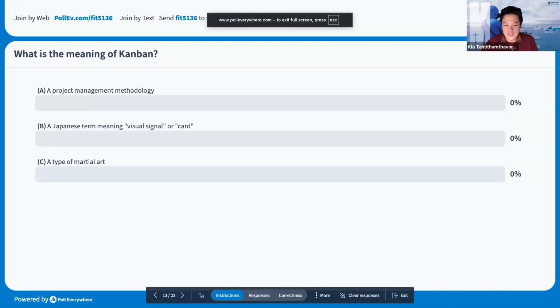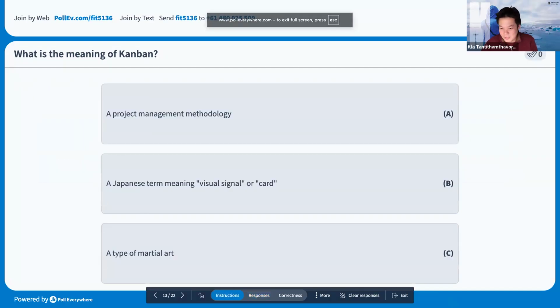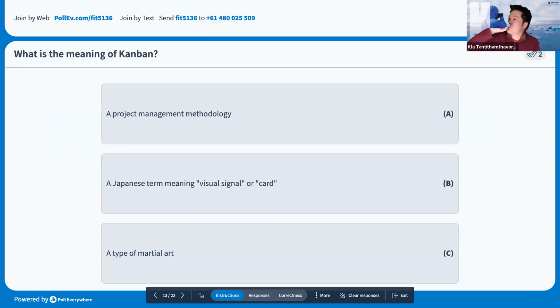All right, guys, Kanban, go for it. All right, good.